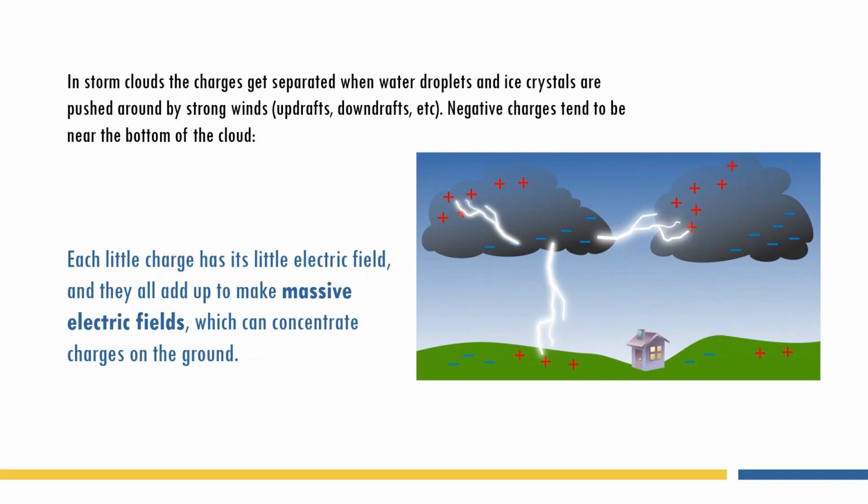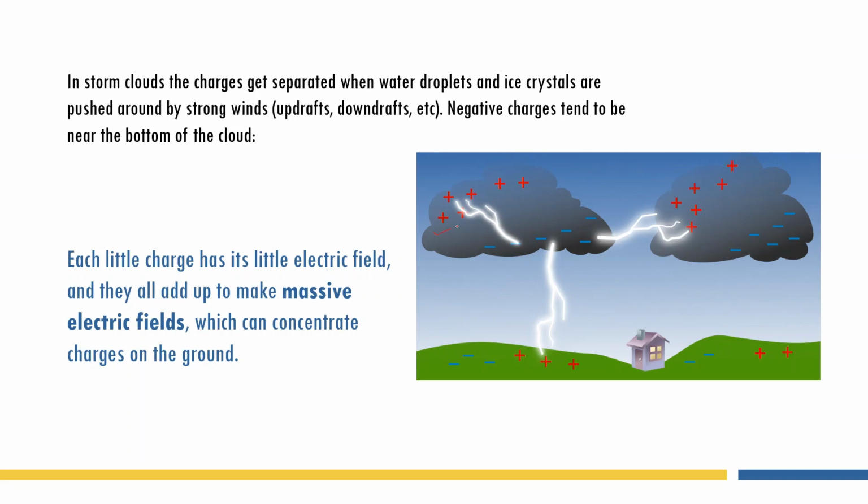During a storm, the charge in the cloud or the wind gets separated. The ice crystals push the wind upward and downward, and after that event, the negative charge tends to go near the bottom of the cloud, and the positive charge likely goes on the top of the cloud.